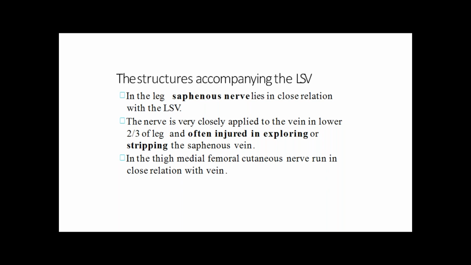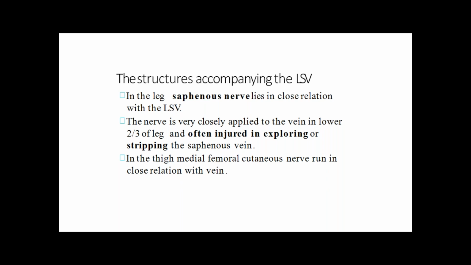In those days there was an increased incidence of saphenous neuritis, because in the lower part of the leg the saphenous nerve lies in close relation with the long saphenous vein, so you will definitely injure the saphenous nerve while stripping the vein.